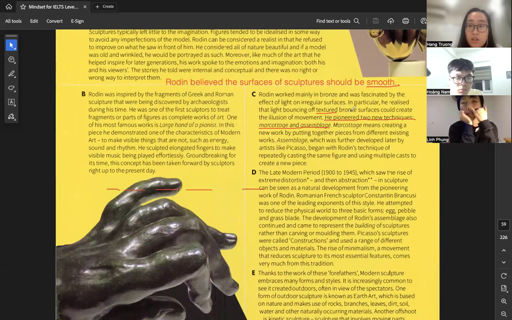So yeah, actually the whole paragraph C, and especially from the first sentence until this part, it proves that no, he actually does not like the traditional surface that other people used.